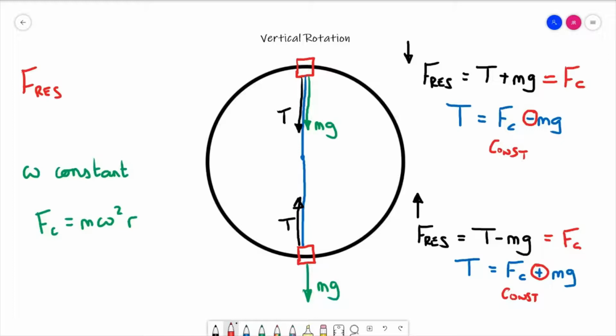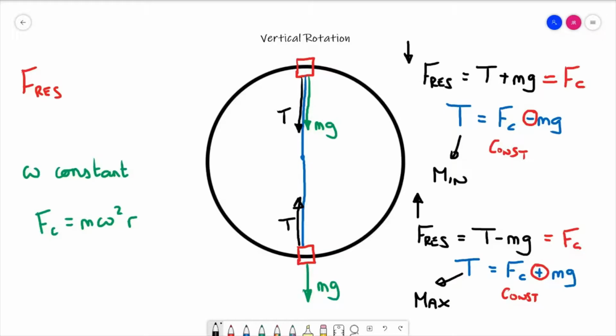In the top equation, because we're subtracting the weight from the centripetal force, that means that at the top of our circle, the tension will be at its minimum value. At the bottom of the circle, because we're adding the weight in, we've got that plus sign there, the tension will be at its maximum.